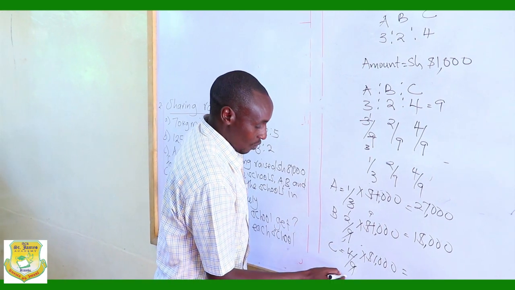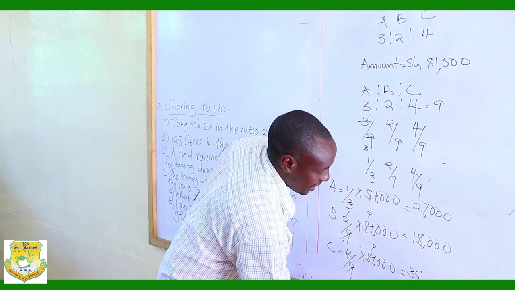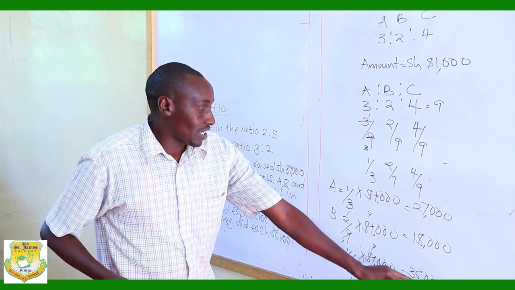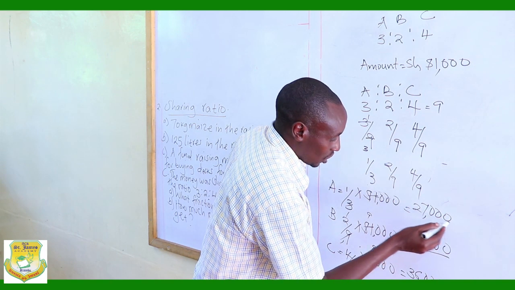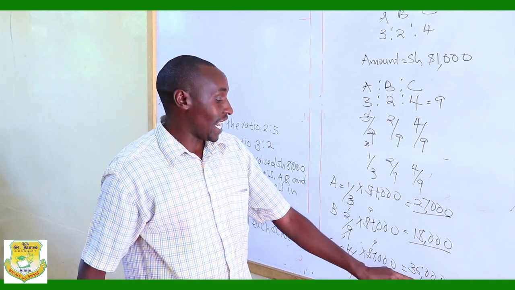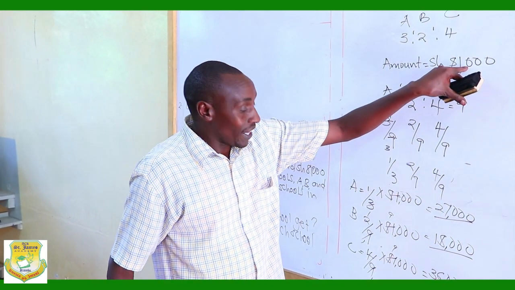C, by 9, 1, by 9, 9. So I get 36,000. C got 36,000. So this is the amount each school got. The first one got 27,000, the second one 18,000, and the third one got 36,000. If you add all of them, you're going to get 81,000.